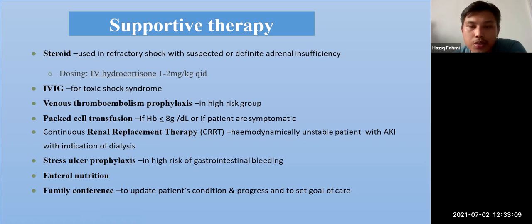For example, we may use PPI or H2 receptor antagonist, and then enteral nutrition for patients without feeding intolerance. And lastly, a family conference to update the patient condition and progress and set goal of care.